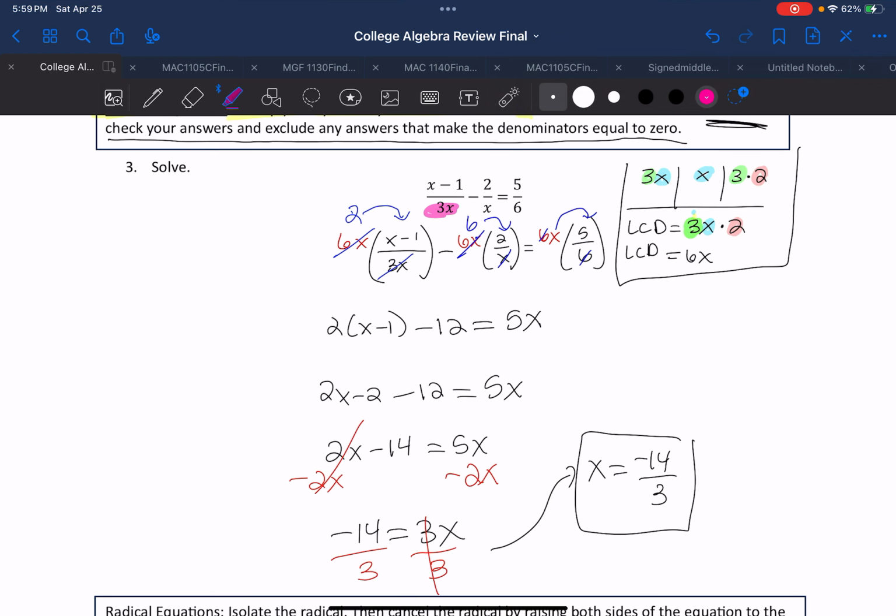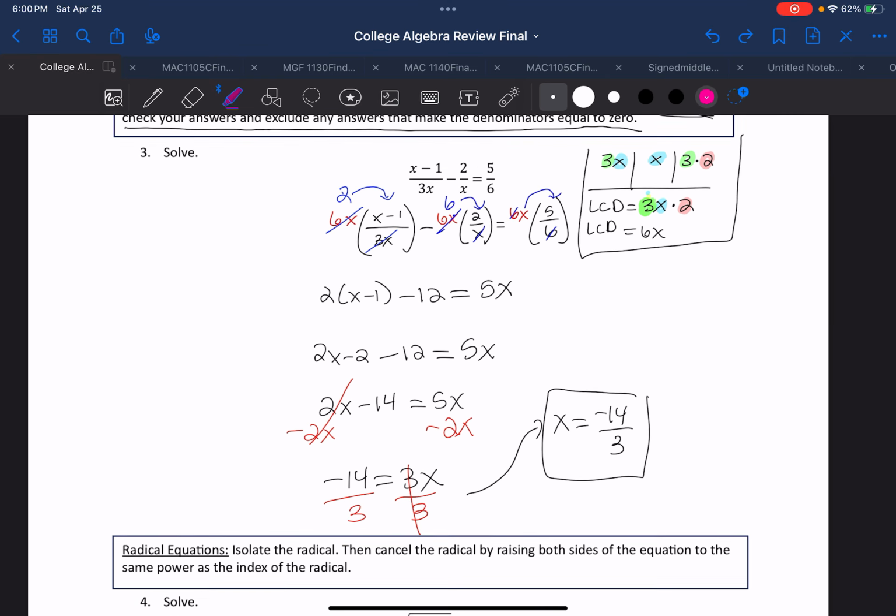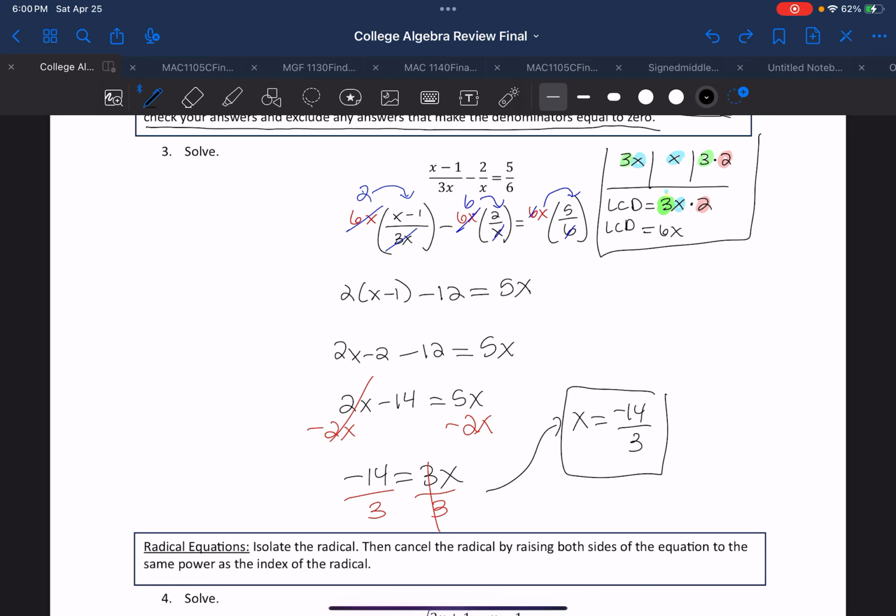But 3 times negative 14 over 3 will not be 0. And then, of course, if I just plug it into that x there, that's not equal to 0. And then the 6 is already 0. So that's my answer. It doesn't make any of those denominators 0, so we're good.